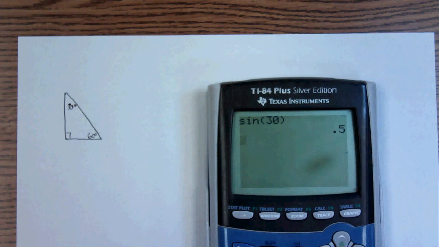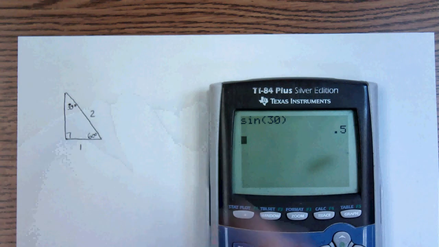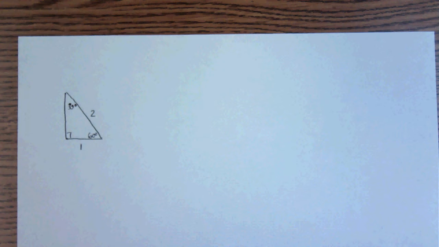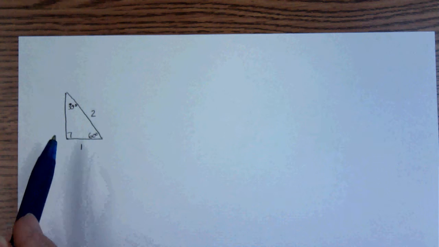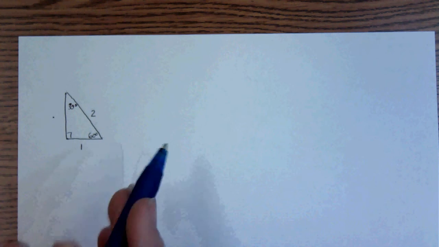So if I were to put that information into my triangle, sine opposite over hypotenuse, I'd have a 1 and a 2. And if we wanted to figure out the missing side, most everybody might say, well, I could do the Pythagorean theorem.